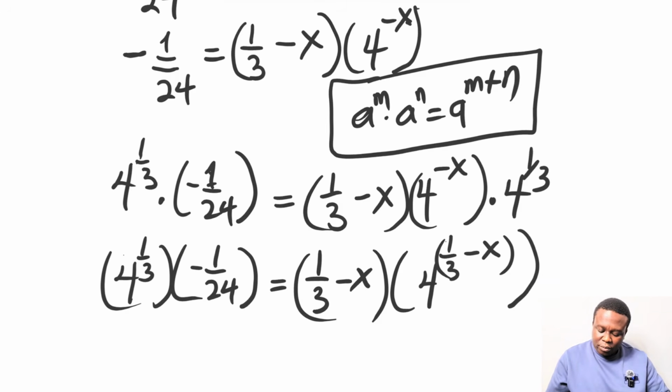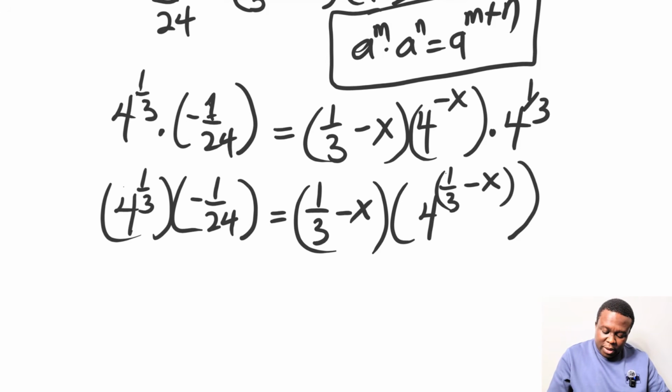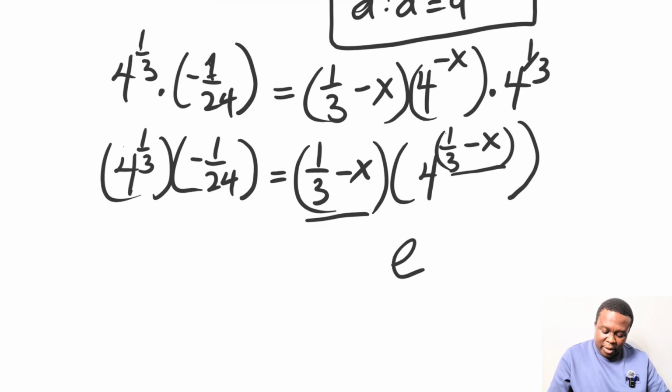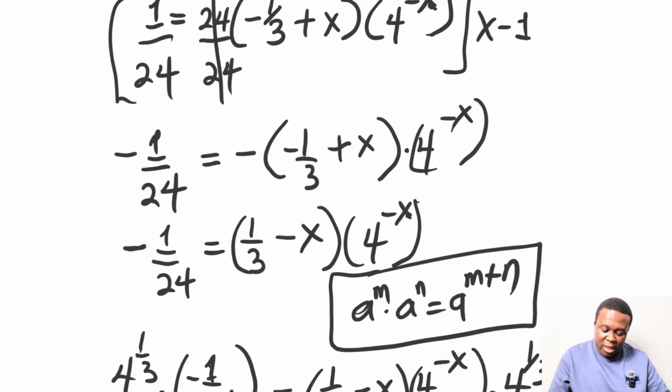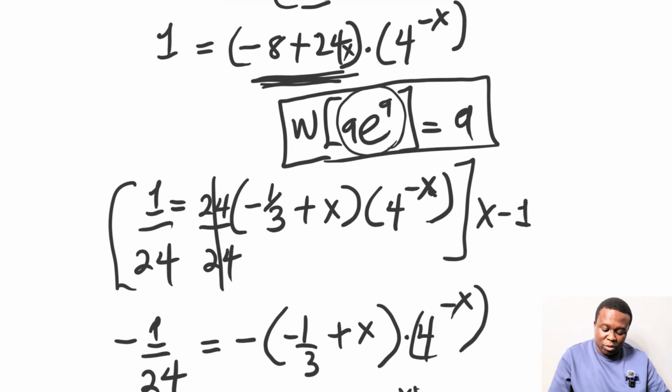Now, so we see that this looks like the power, and we know that e raised to the power ln of x is equal to x. Now we're trying to introduce e because of the Lambert rule. There's an e there.